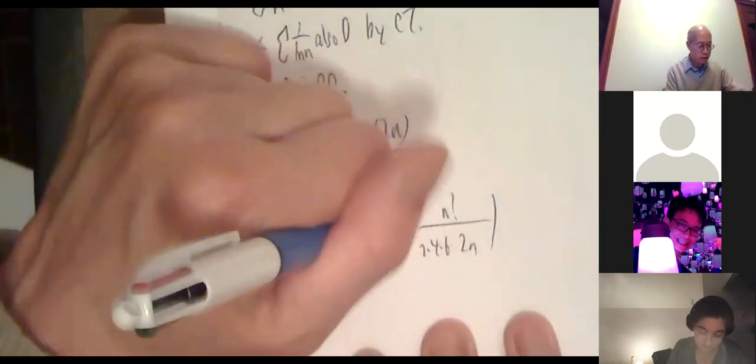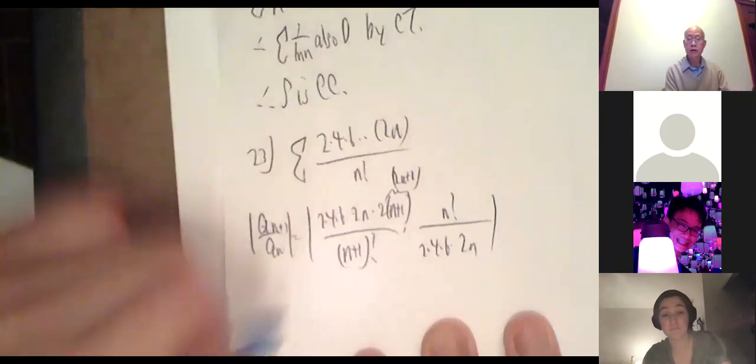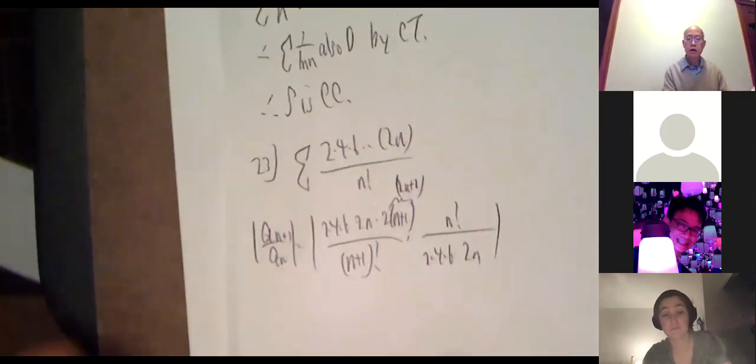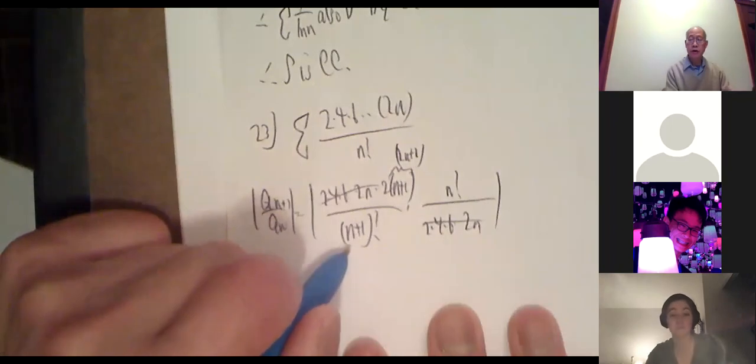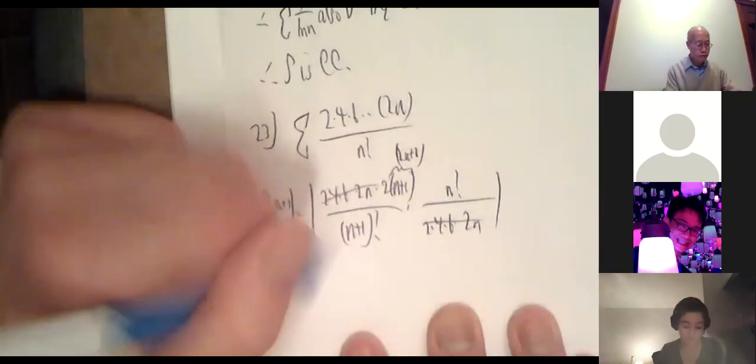Now, this is 2n plus 2. So what's the factor just before it? 2n. Okay, so 2, 4, 6, 2n cancels 2, 4, 6, 2n. All of these cancel out except for n plus 1 in the bottom.